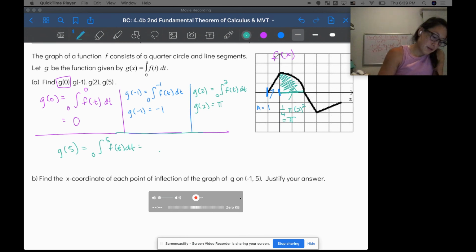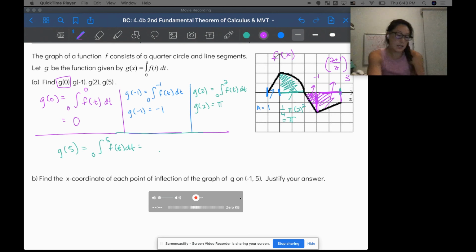So from 0 to 5, I now need to get the area under this curve, or above this curve, which is, this triangle is a -1, and then this is a trapezoid. So I'm going to add a trapezoid: 2 plus 1 divided by 2 times the height, or the base, which is 2. So 3 over 2 times 2 gives us an area of 3.